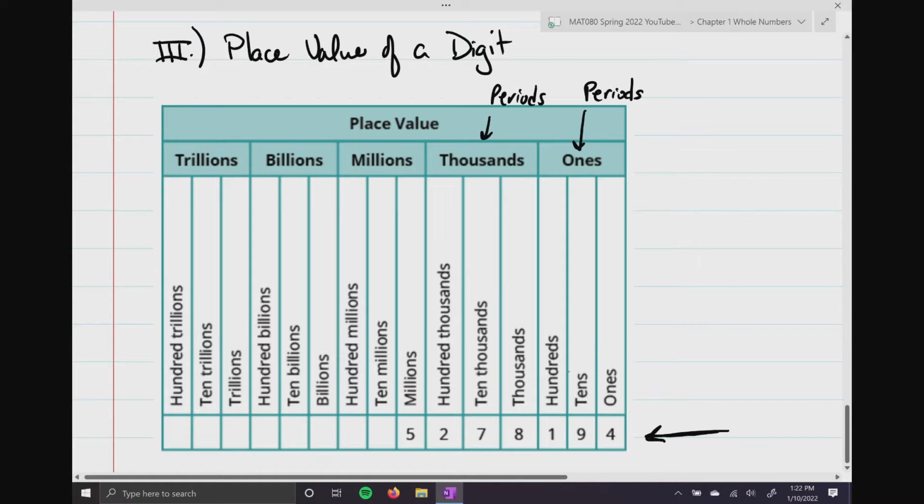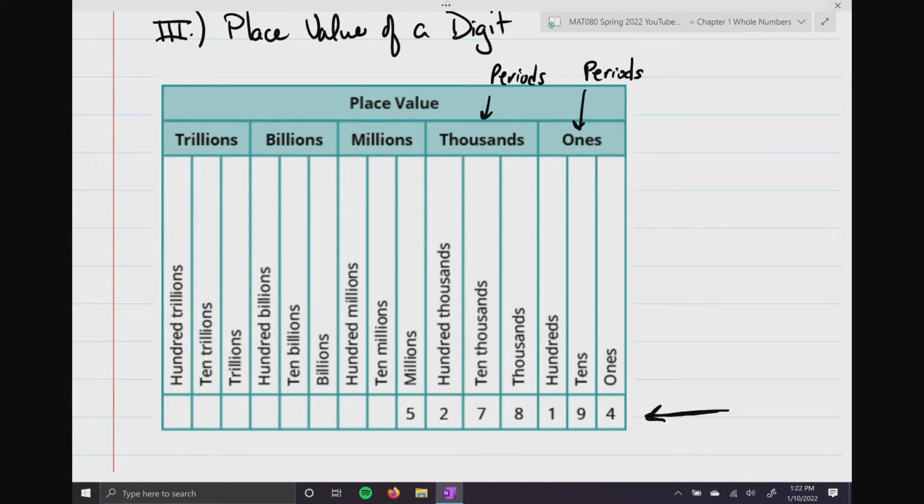Then the next one is called the thousands. If you look, it starts off with the 8. Let me start highlighting things for us. The 8 is in the thousands position, and then to the left, you have 10,000s and 100,000s. The reason I wanted to break out the highlighters is to show you that here's the word 10, here's the word 10, here's the word 100, and here's the word 100.